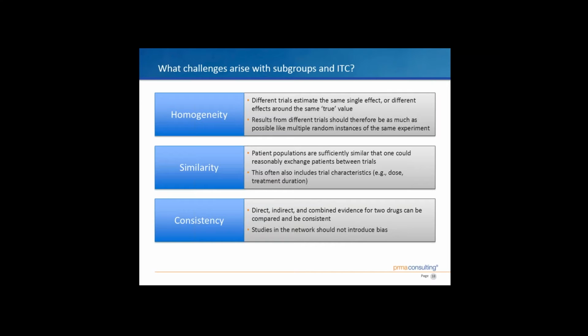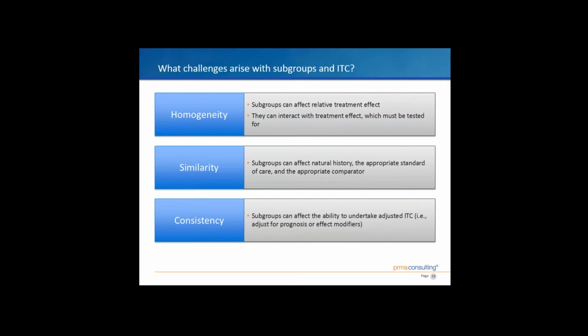You shouldn't have bias that your network has within it for unobserved characteristics. So these are all assumptions that need to be met to be reasonably safe to undertake ITC and have strong evidence. And then here is where subgroups come in.